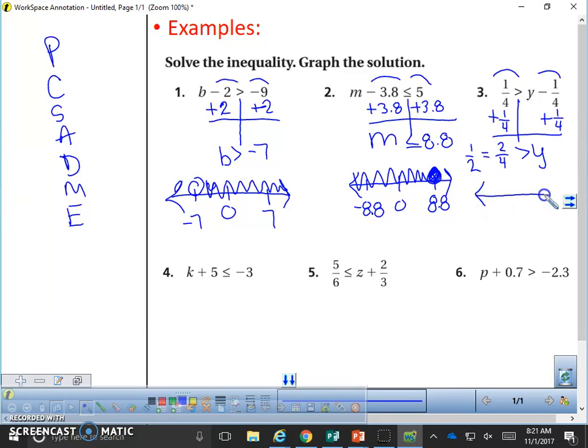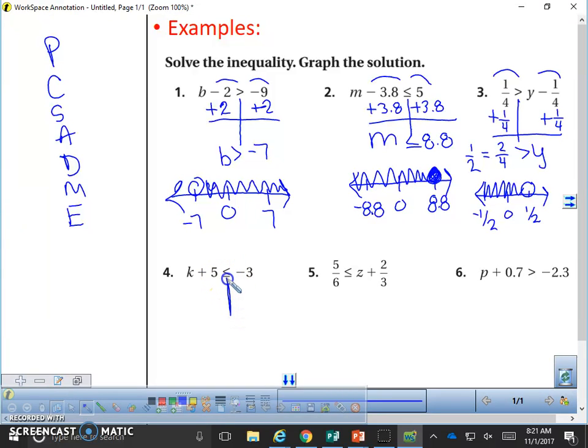All right, let's graph it. 0, 1/2, opposite of 1/2, negative 1/2. We have an open circle at a half, and y is smaller, so shade the smaller numbers. Number 4, we have that k plus 5 is less than or equal to negative 3.